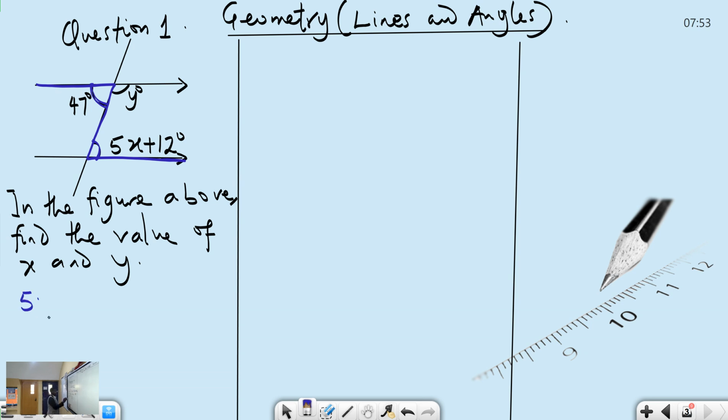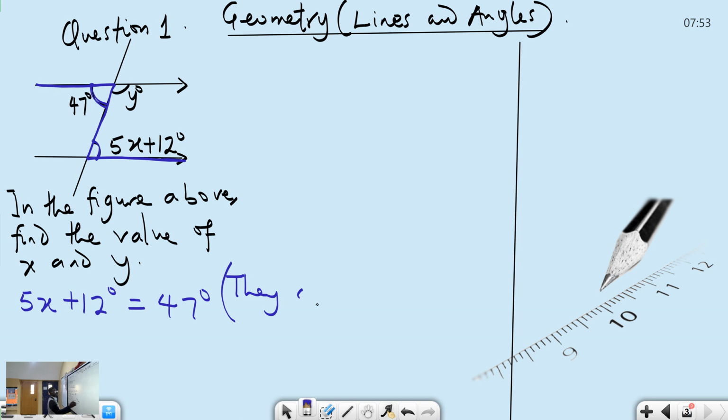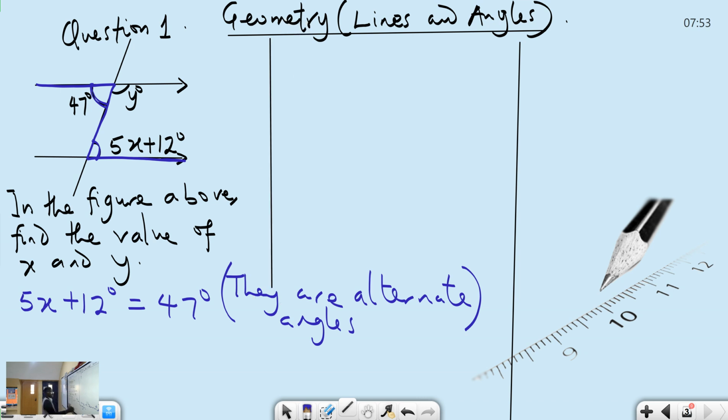So we can say 5x plus 12 degrees equals 47. You have to always put the reason in brackets. The reason is that they are alternate angles. Having established that, 5x equals, we take that 12 to the other side, becomes 47 minus 12.